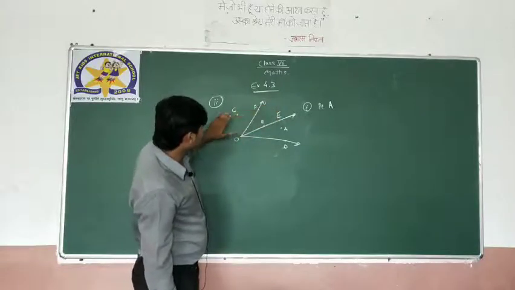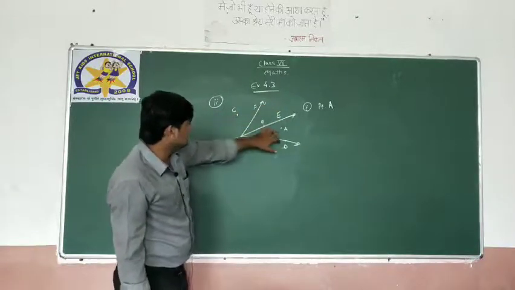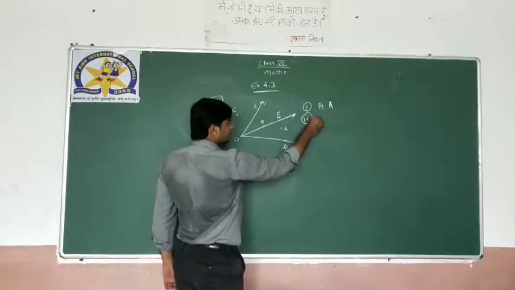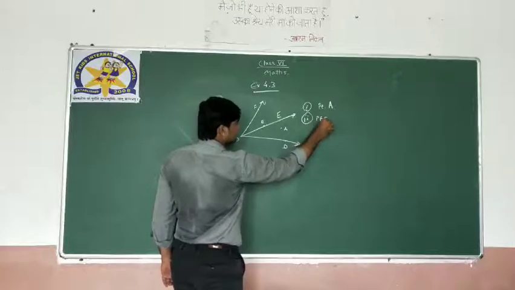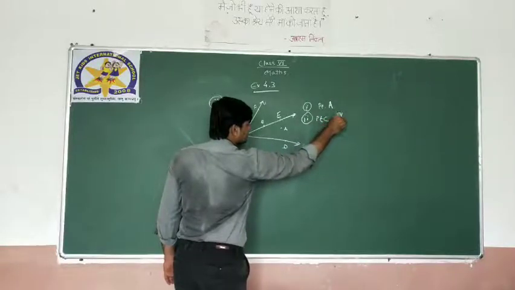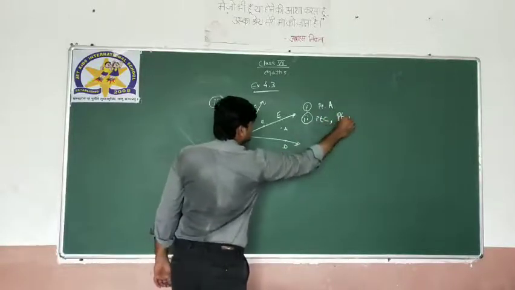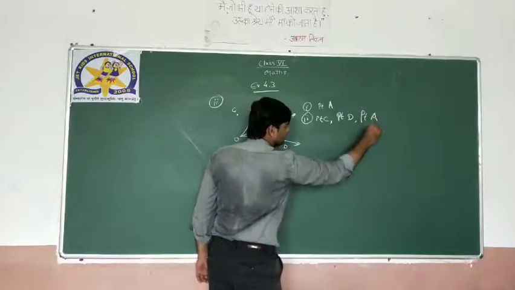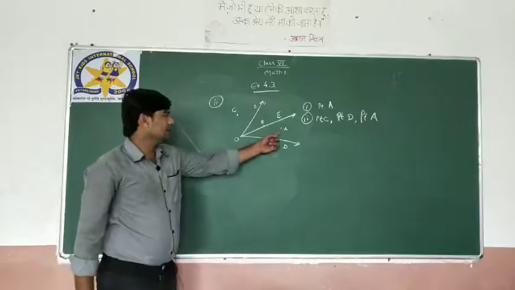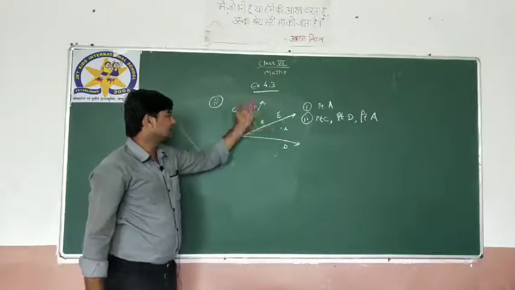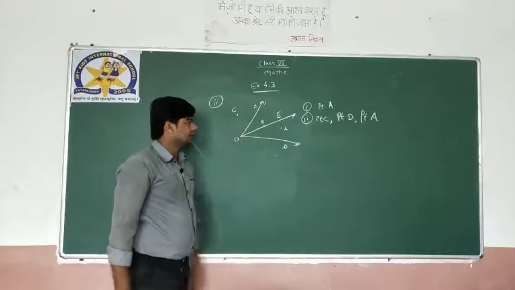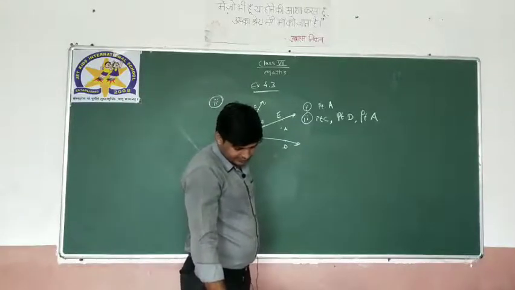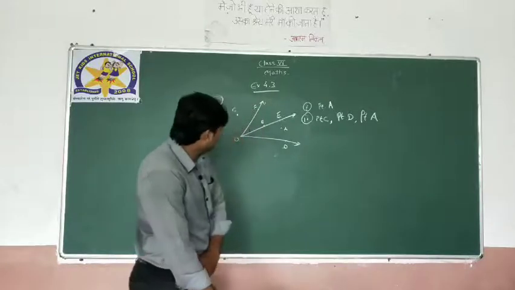Now exterior points are C, A, D. So exterior points will be point C, point D, and point A. Right? A, D, and point C are the exterior points of this angle. Okay.